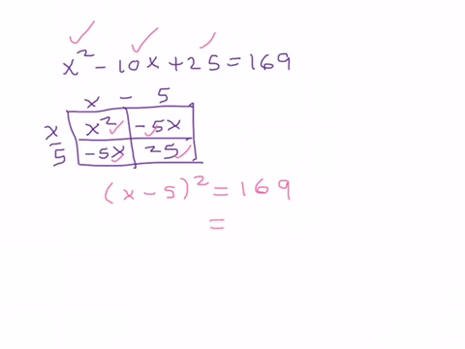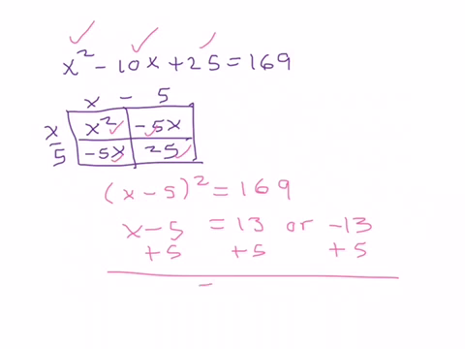So we have something squared equals 169, which means that thing has to be equal to 13 or negative 13. So x minus 5 has to be equal to those numbers. Adding 5, we get x equals 18 or x equals negative 8. Easy peasy, easy peasy.